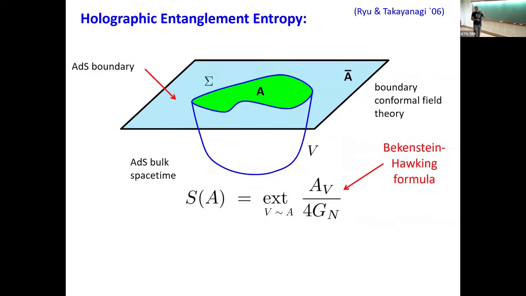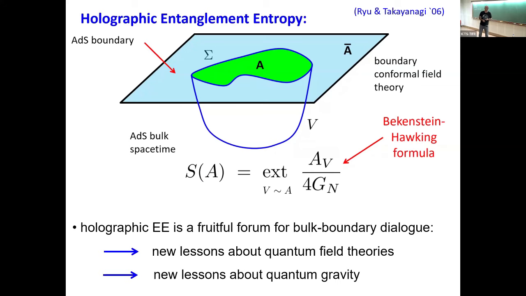Now, that turned out to be a very useful formula and an arena for discussions about AdS/CFT. It led to a fruitful dialogue between the bulk and the boundary, in that we learned new lessons about quantum field theories, in particular strongly coupled quantum field theories, but we also learned new lessons about the nature of quantum gravity.